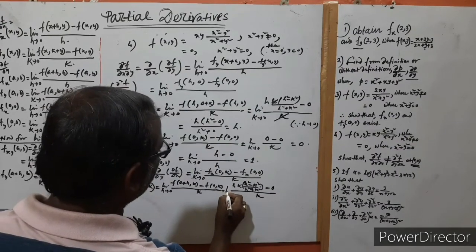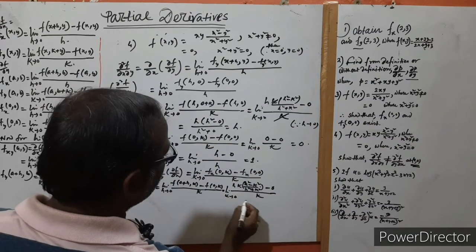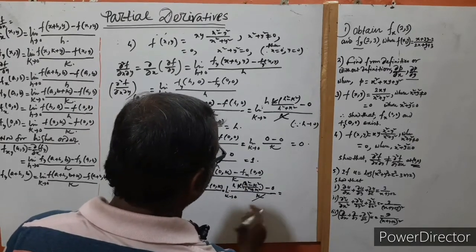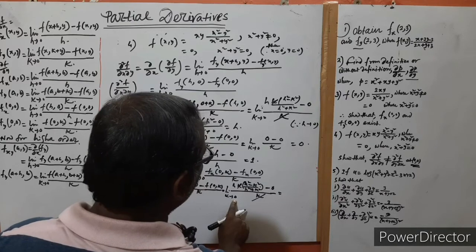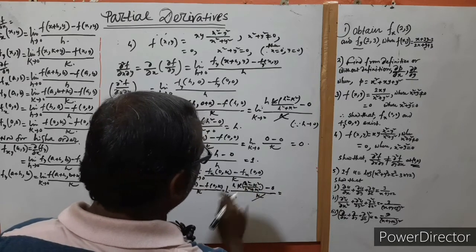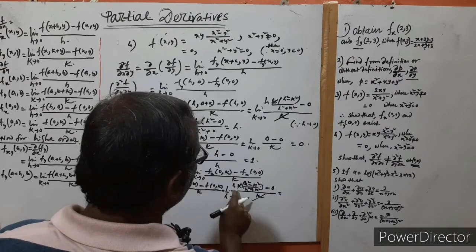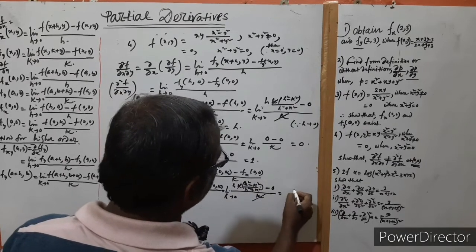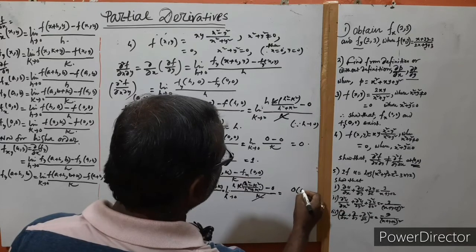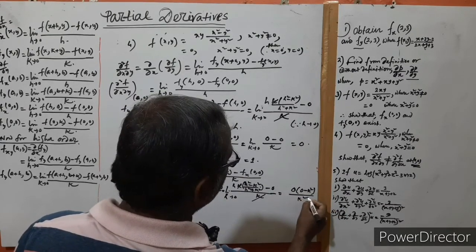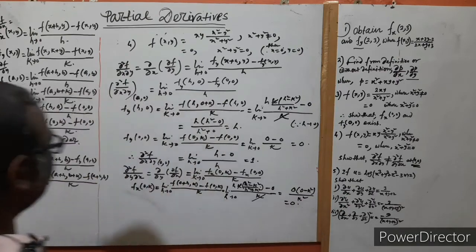Here limit h tends to 0, so h and h cancel. Put the value of h equal to 0: 0 into (0 minus k square) by k square, then the whole thing is 0 here.